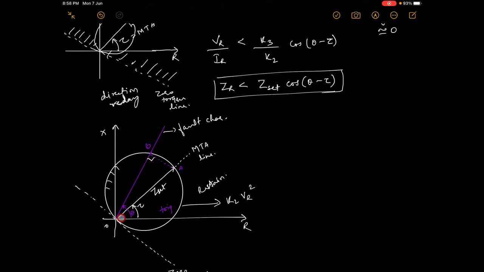At that angle you draw a line of length equal to Z set, and then you divide Z set by 2. Once you divide Z set by 2 you get this midpoint. Keeping this as the center you draw a circle. So Z set is now a diameter of the circle.